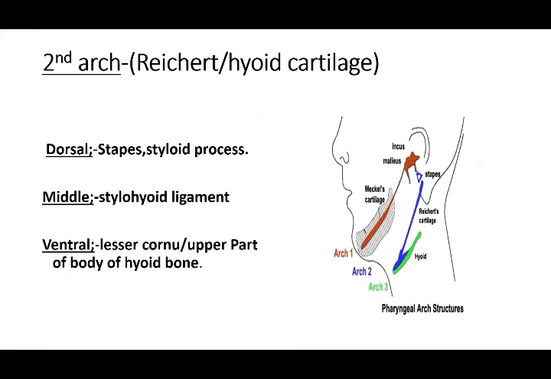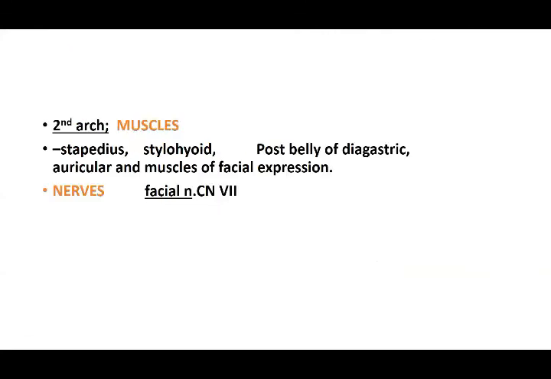The middle forms just one ligament, the stylohyoid ligament, and the ventral part forms the lesser cornu and the upper part of the body of the hyoid. The muscles are the muscles of facial expression, which are automatically motor supplied by the facial nerve. So the nerve of the second arch is the facial nerve.